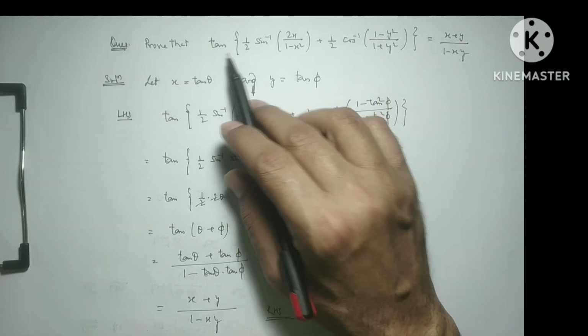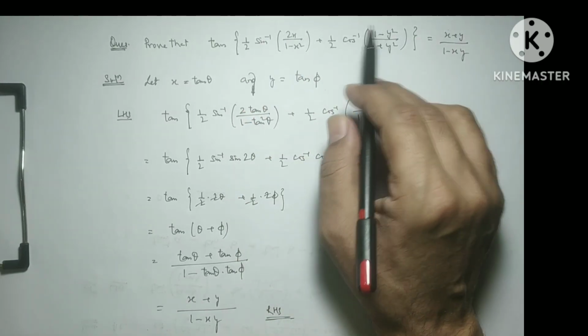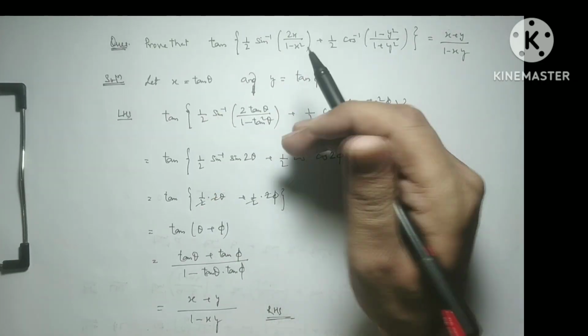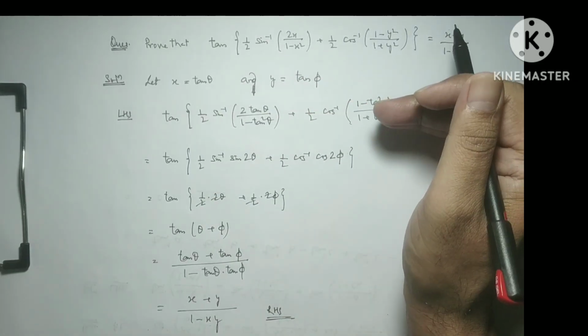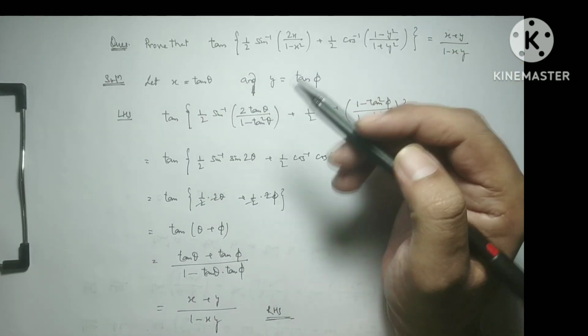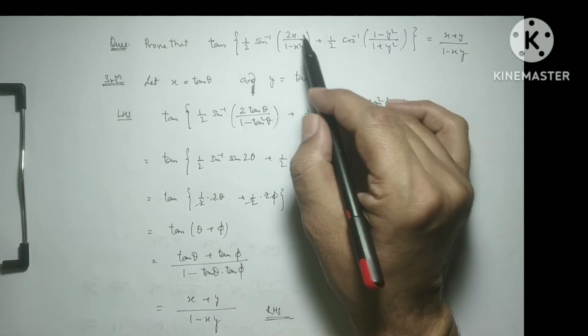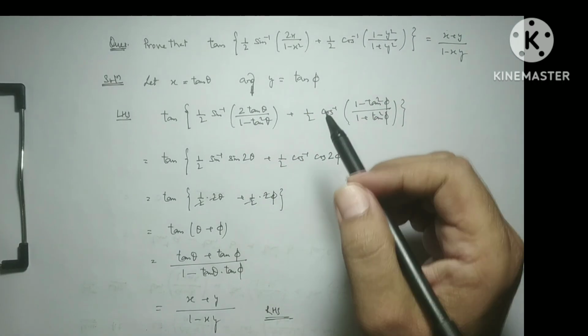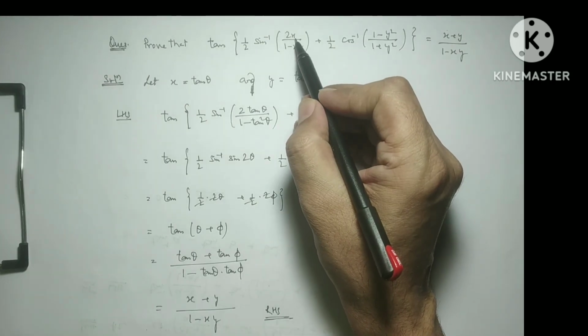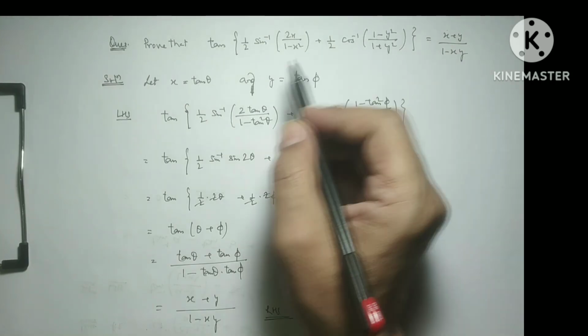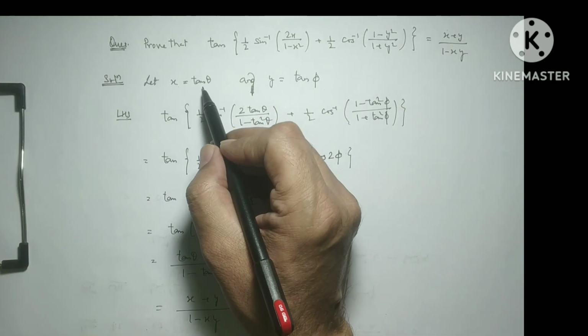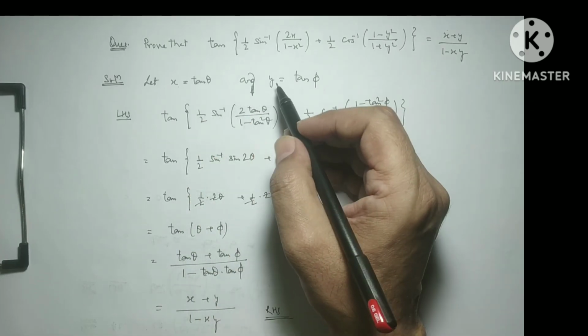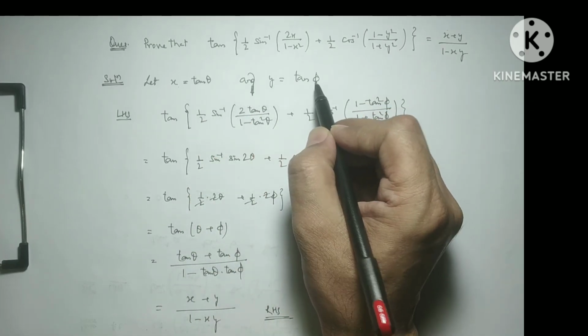It means tan of first angle plus second angle, which resembles the formula tan A plus B. So our task is to simplify these into angles. That's why we will substitute x and y. So x as tan theta, we are putting this, and y as tan phi.